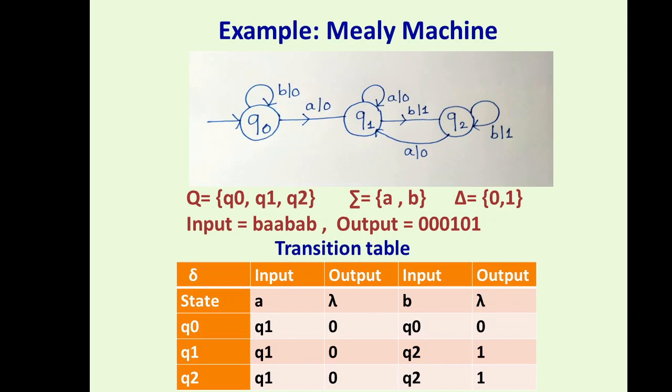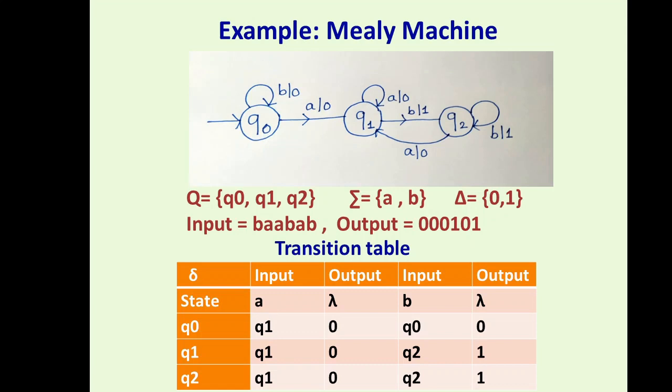On input symbol B, from state Q0 we are reaching to Q0 itself and generating output symbol as 0. From Q1, on input symbol A, we are reaching to Q1 and generating output 0. Similarly, we can observe for the remaining states and the remaining transitions.